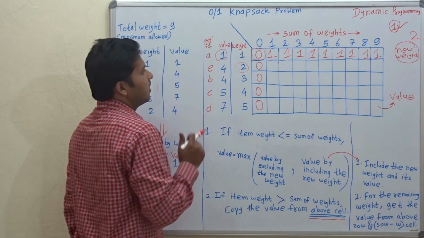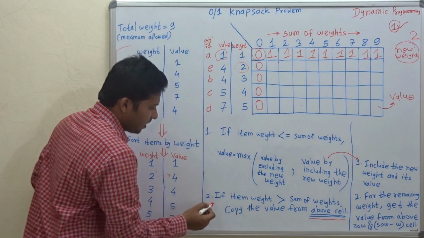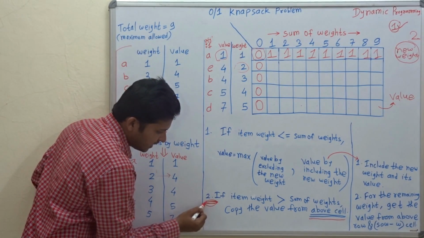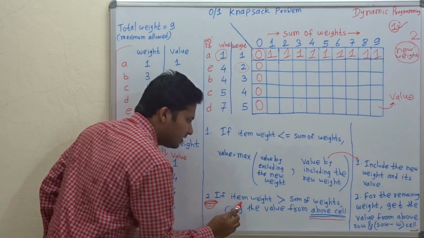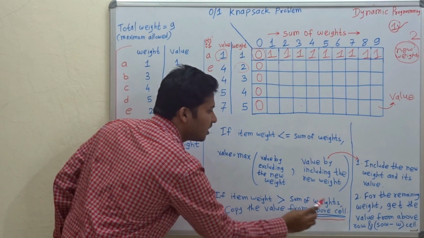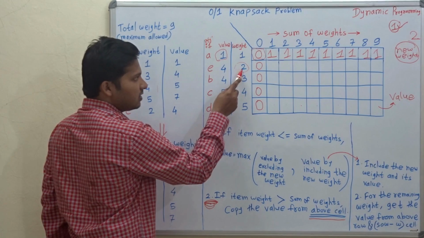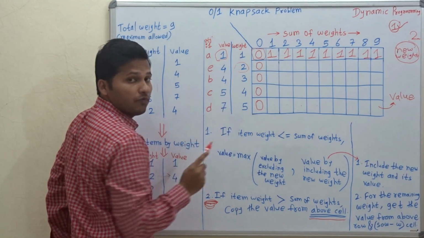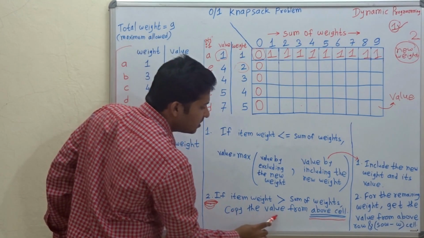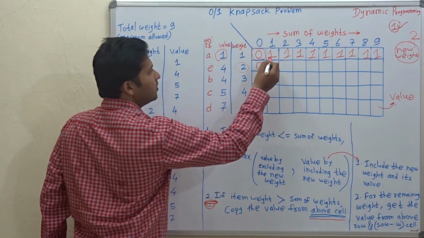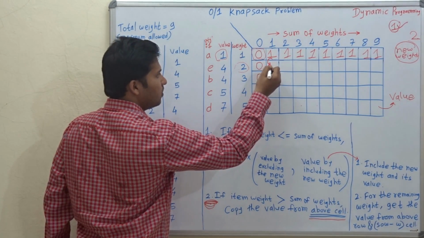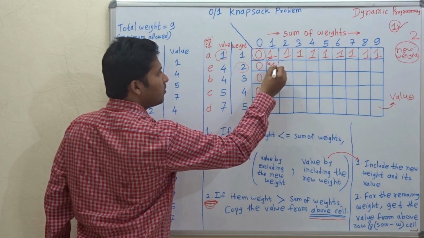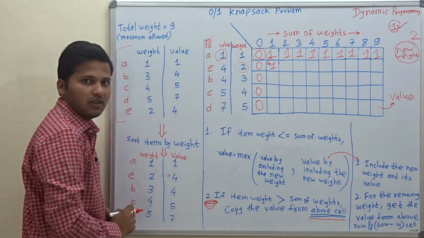Which is why, when this is the condition, I have written the answer here. If item weight is greater than the sum of weights, then just copy the value from the above cell. You have to just copy the value from the above cell into that cell.